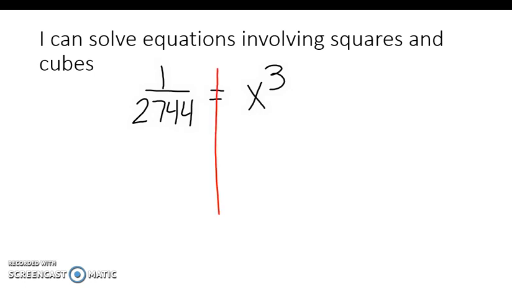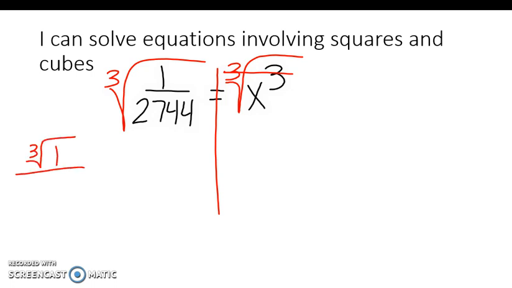It's a cubed problem, so I need to cube root it to get the variable by itself. That also means I'm going to cube root the other side. But guys, remember, I need to see all of your work. So we're going to take the cube root of 1, and the cube root of 2,744. The cube root of 1 is 1, because 1 times 1 times 1 equals 1.